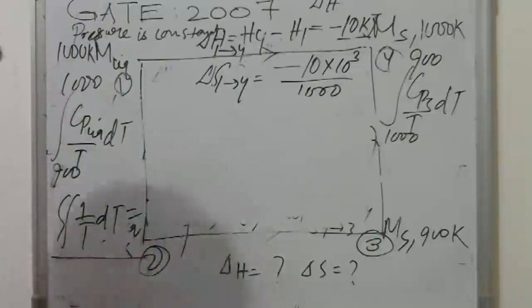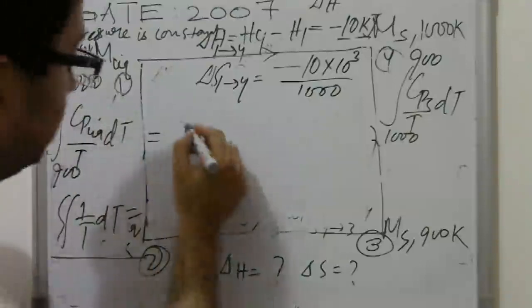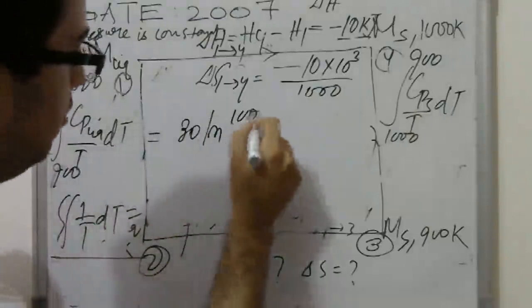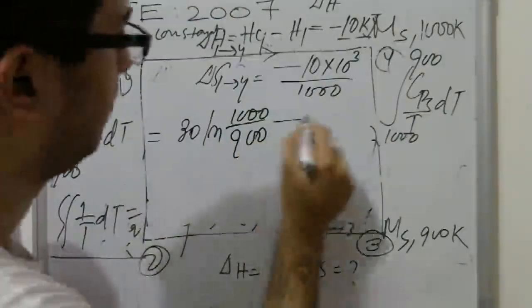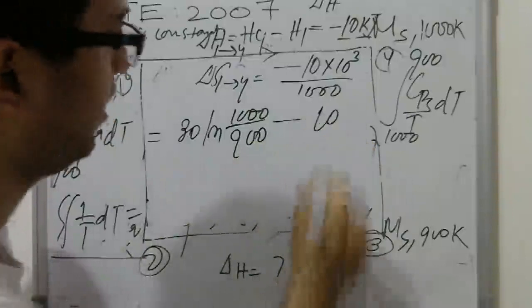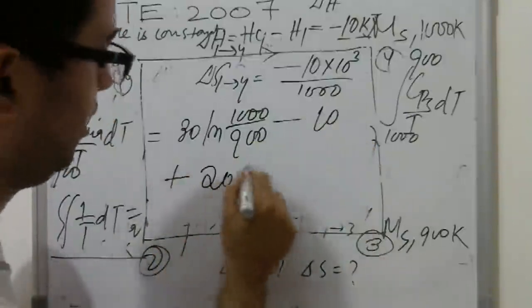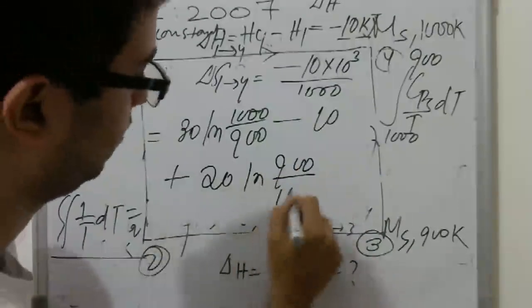So we'll write these equations inside. So it becomes, Cp is a constant, so 30 ln 1000 by 900, minus 10 plus 20 ln 900 by 1000.